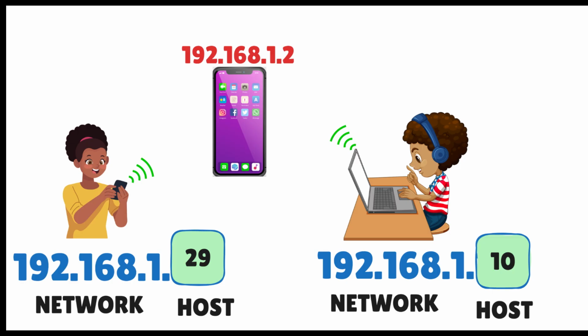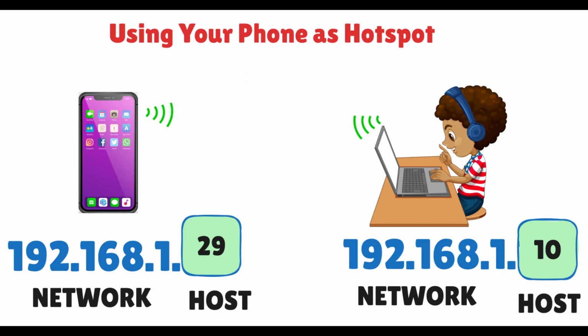The IP address might be different from this, but what I'm trying to illustrate is that you should make sure the network part is the same. The one I'll be using in this tutorial is my phone as a hotspot. I'll be connecting my PC to it, which is the quickest and easiest way.